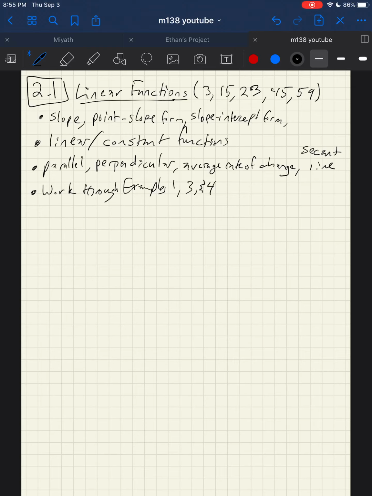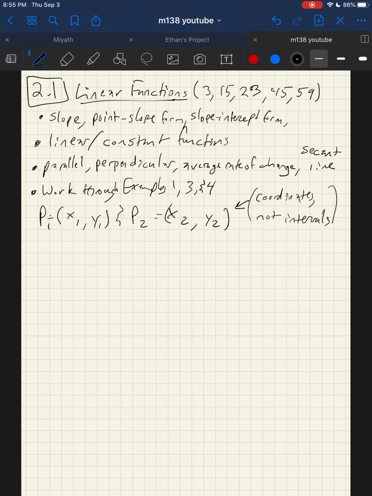Okay, so we're going to do a lot of this with points P1 having coordinates x1 and y1, and the point P2 having the coordinates x2 and y2. So again, these are coordinates, not intervals. Okay, so these are the coordinates for points.